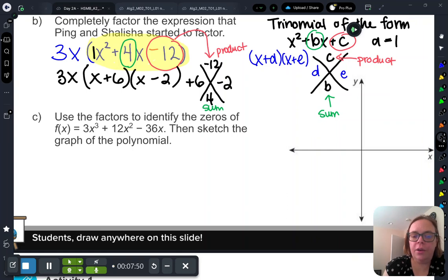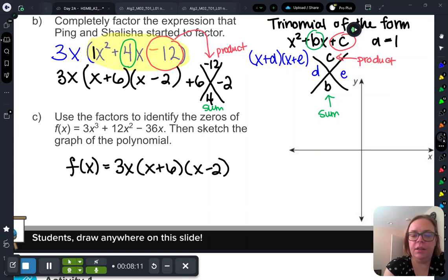All right, use the factors to identify the zeros of 3x cubed plus 12x squared minus 36x. Okay, so now that we have it factored, this polynomial, we can graph it using the zeros. So let's review how we find zeros. Basically, if you pretend that f of x is equal to 0, and then we solve it.